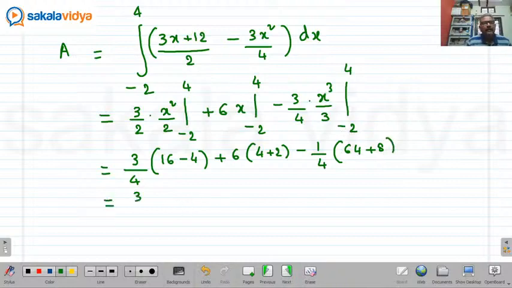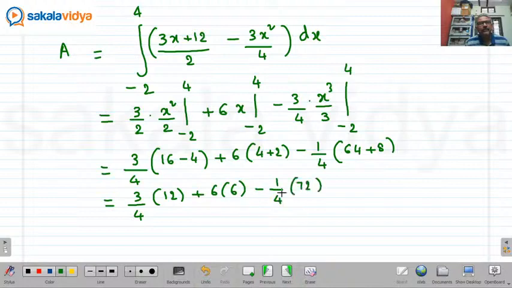This will be 3 by 4 times 12 plus 6 into 6 minus 1 by 4 times 72.